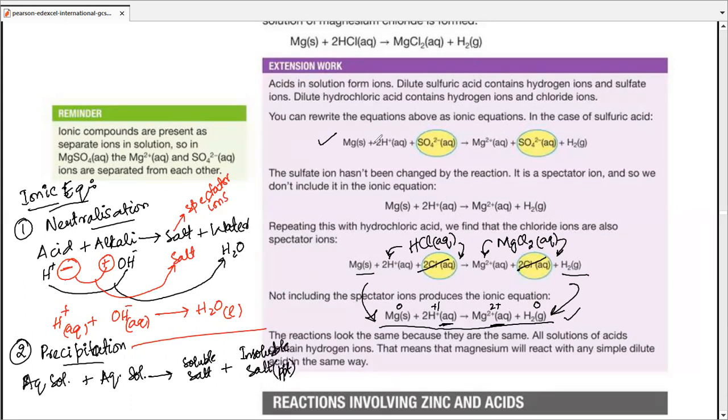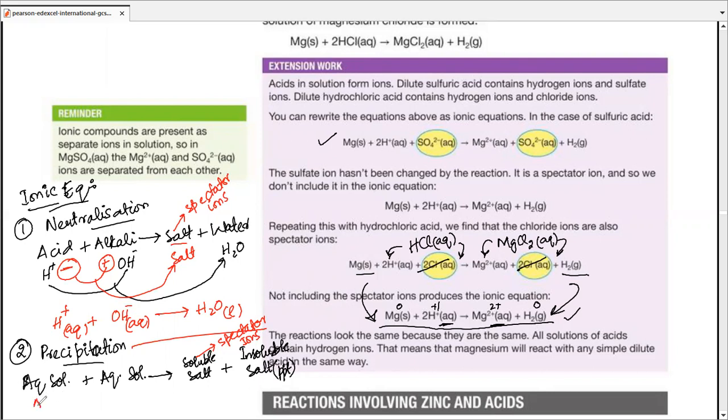The soluble salt is again the spectator ions. So, easier to remember, the soluble salt is the spectator ion, and the insoluble one is the one you need to write the equation for.